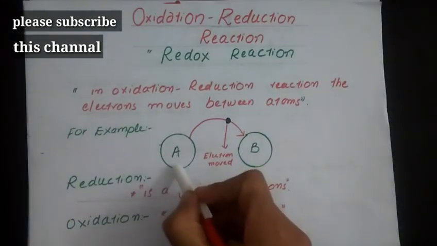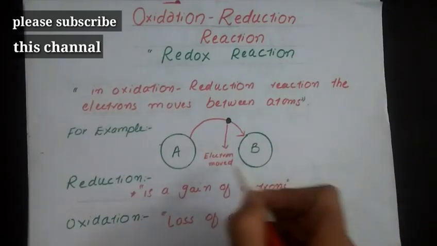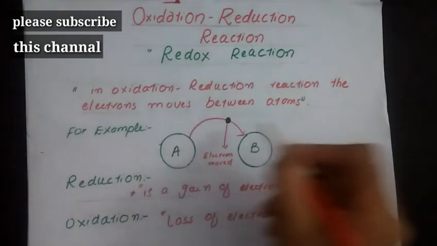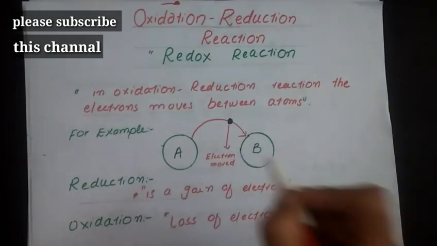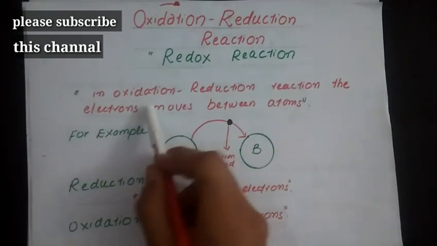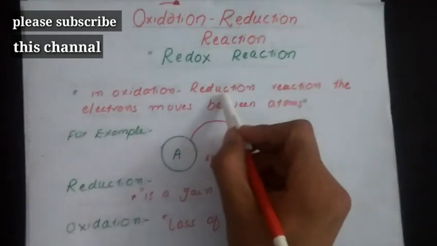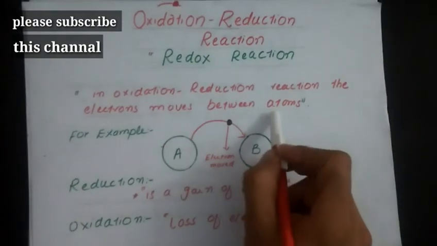Suppose this is an atom A and this is an atom B, right? We have electron moving out of A into B, so this is definitely an oxidation reduction reaction, since we already said that in an oxidation reduction reaction, the electrons move between atoms, right?